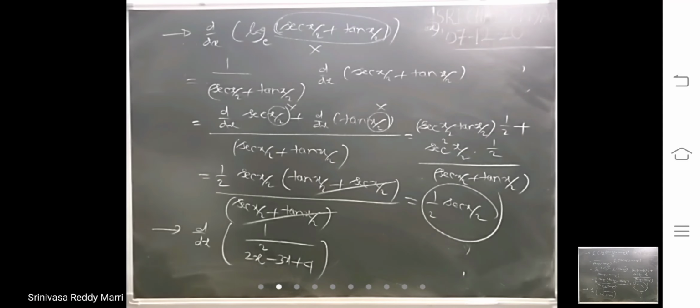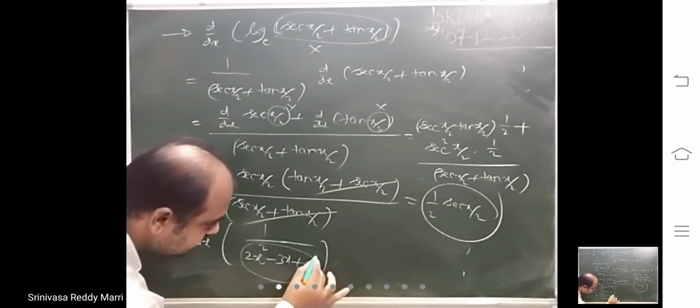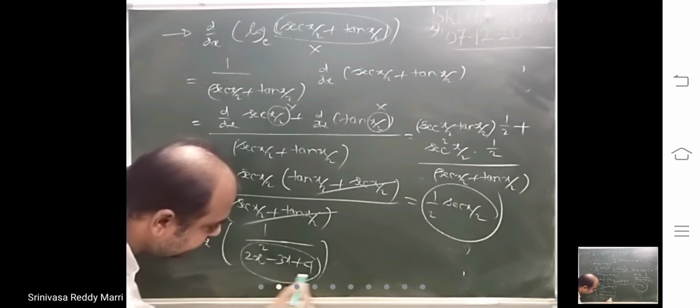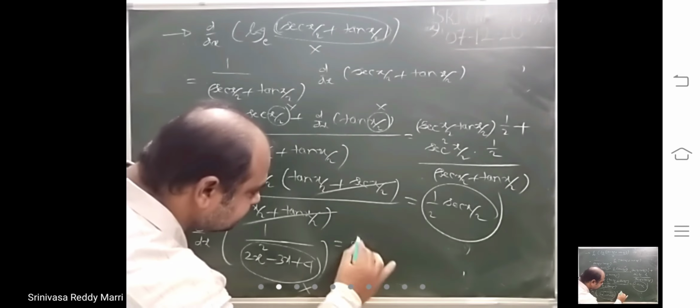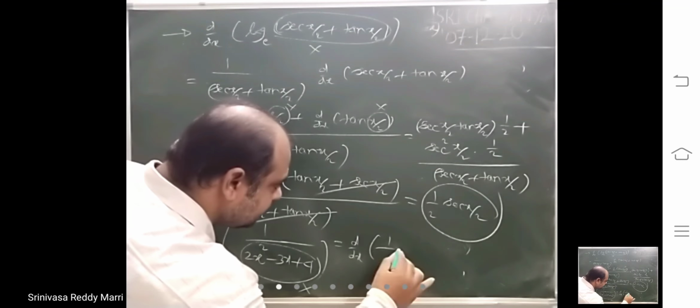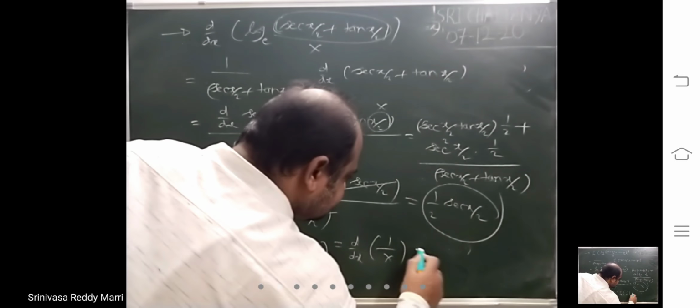Look at this. d by dx of 1 divided by something, you identify with the rule 1 by x. Look at this completely. Whenever 1 by anything is there, you take this as capital X. So this is d by dx of 1 by capital X, direct rule is there.